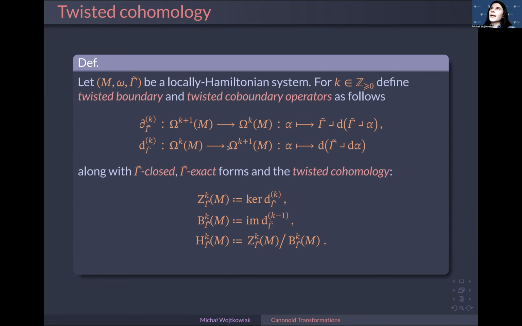But I'm not sure, because the cohomology depends on the dynamical vector field. So yes, we would essentially need some form of Poincaré lemma for every dynamical vector field.